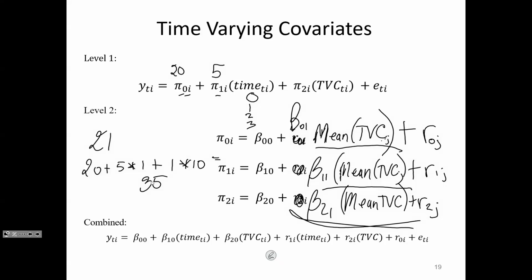Because you're allowing the value of the time varying covariate to vary across time, you're not assuming it's held constant, but you don't really have an explicit model for its growth. A better model in such a scenario might be one where you're modeling the growth in vocabulary and the growth in reading across time, and then looking at how growth in vocabulary and growth in reading relate to each other. But that would require having a growth model for the time varying covariate, and there isn't an explicit growth model here. So I think that's something that gets underplayed.